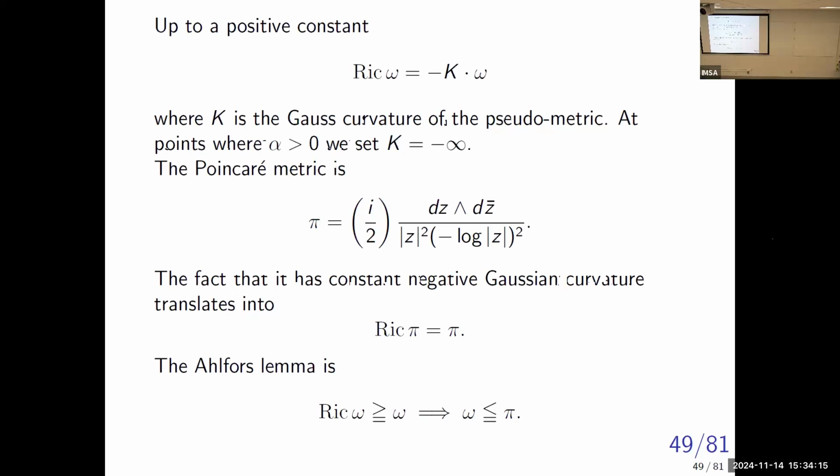So the ratio of omega to the Poincare metric is bounded, that is, Gauss curvature less or equal to minus 1 means that omega is bounded from above by the Poincare metric. So whenever you have negative curvature, then you're going to get bounds on what the metric can look like.